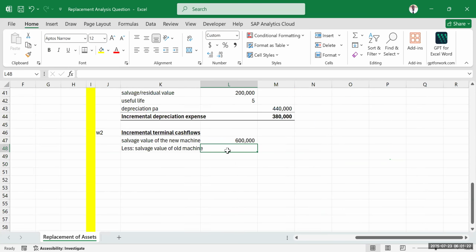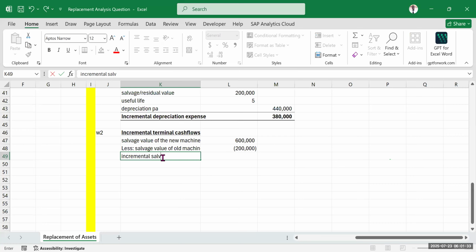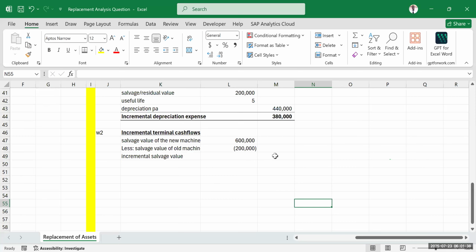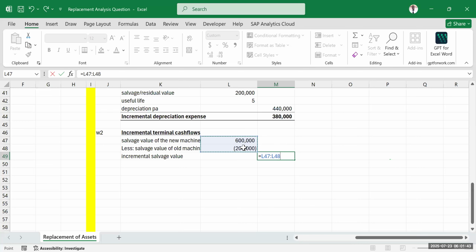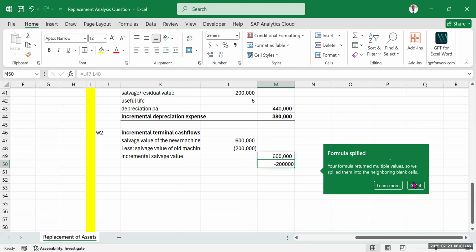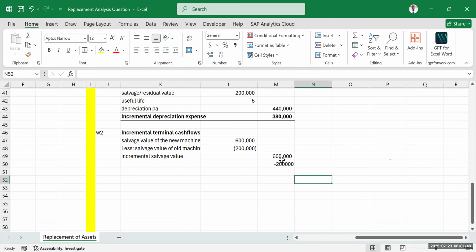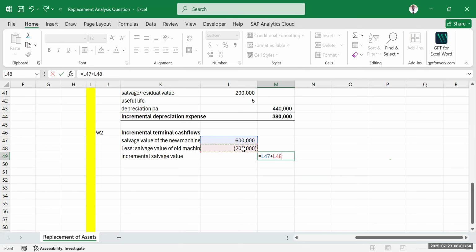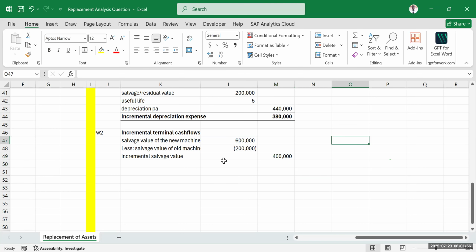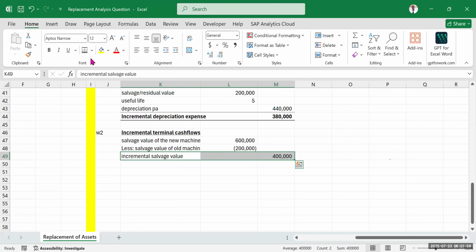So we less 200,000, and that should give us the incremental salvage value, the net effect of these two. I see I'm getting 400, so that should be the incremental salvage value.